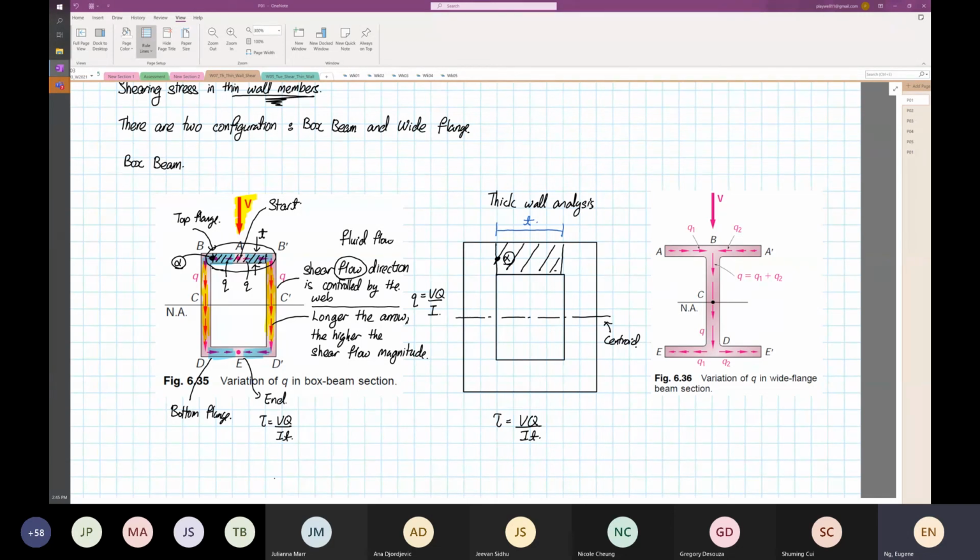For this case, the formula will be tau, the shear stress, equal to VQ over IT, and you have to include a 2 down here, because you have a left and right Q. One Q from point A will go towards the left, the other will go towards the right. Whereas for thick wall, nothing at all.